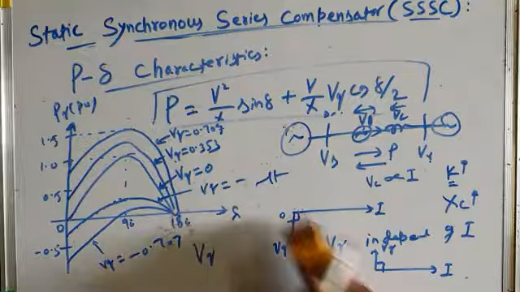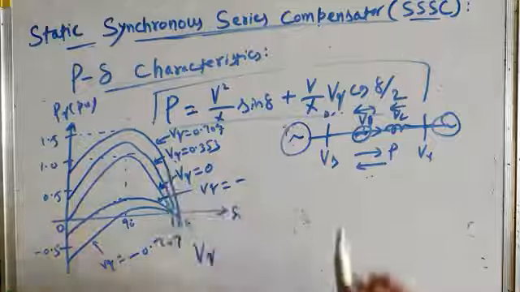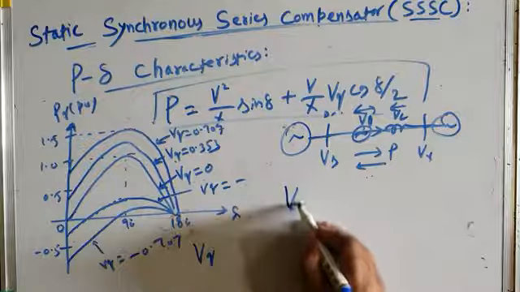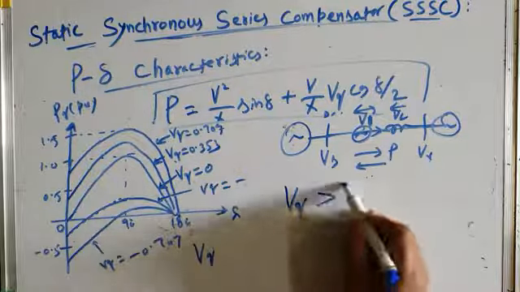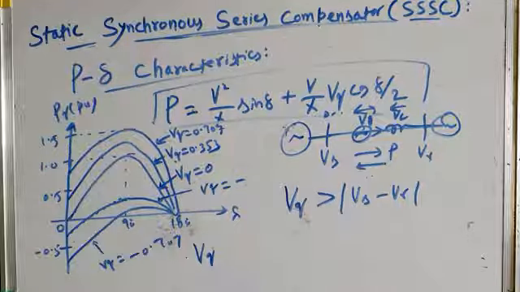And finally, one more advantage or flexibility of SSSC is that if this condition is met, that is, the injected voltage is made greater than the difference between sending and receiving end voltage, the direction of power flow can be reversed.